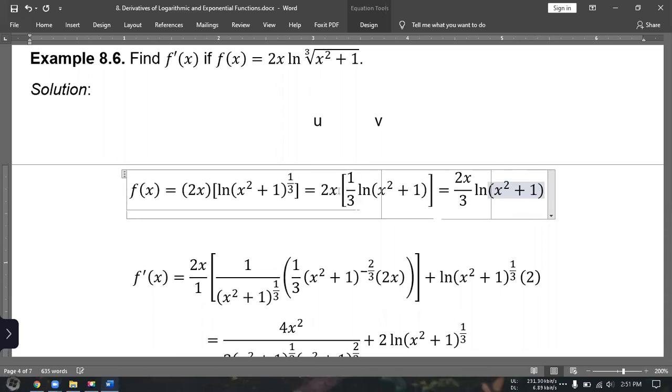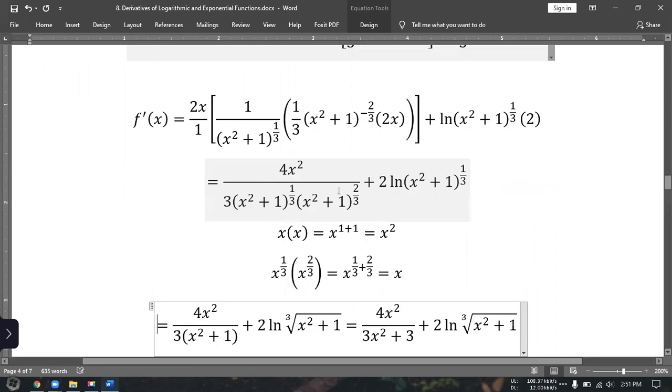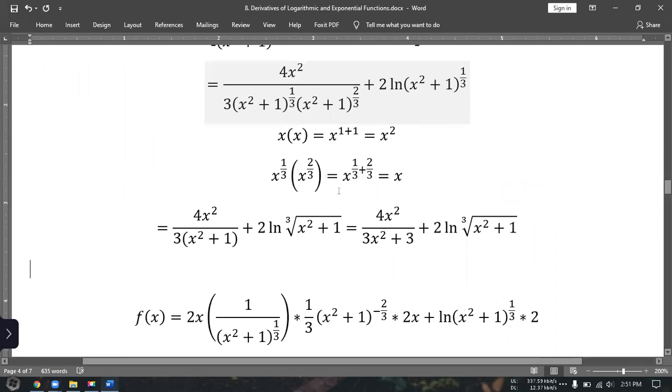That's it. You don't have to apply the chain rule, but you should be getting the same.